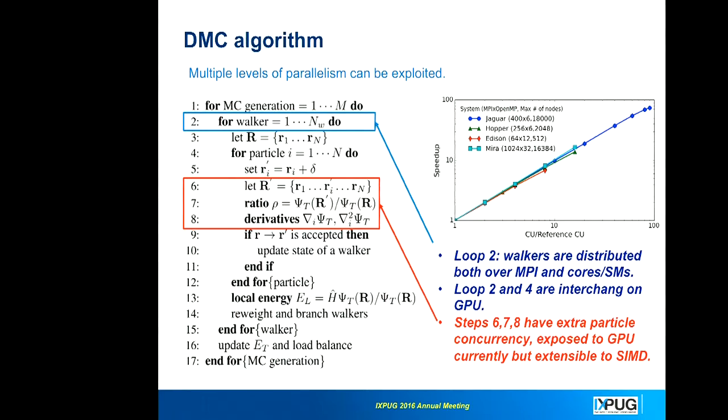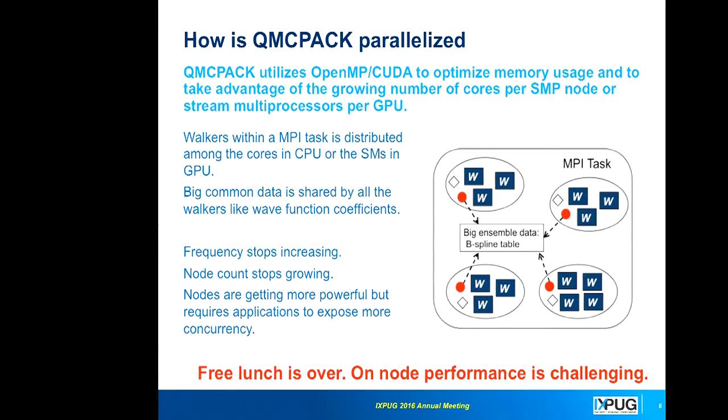This has been exposed to GPU already in our code. In QMCPACK, the walkers are not only distributed across MPI, but also across threads using OpenMP, or across the SMs using CUDA for GPUs.